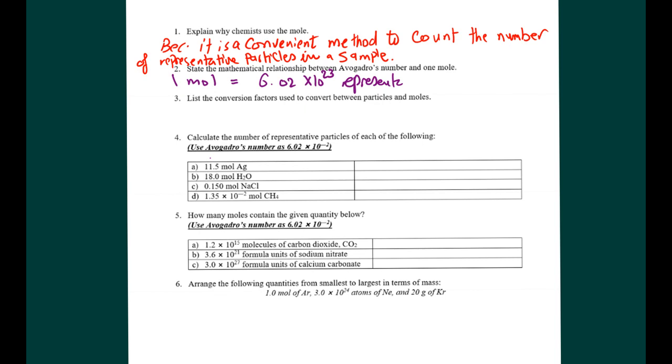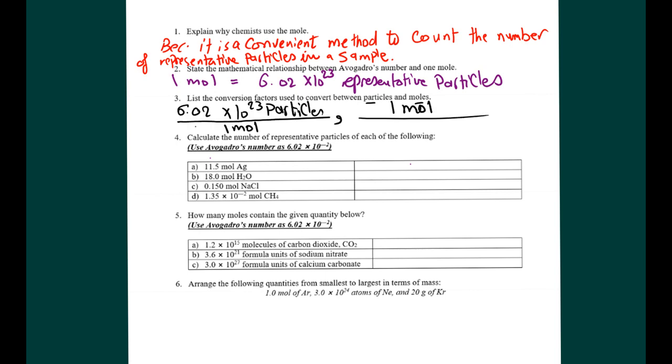Now this question is asking, list the conversion factor that is used to convert to particles of moles and vice versa. Here is the conversion factor. 6.02 times 10 power 23 particles over mole, or moreover 6.02 times 10 power 23 representative particles, depending on if he's asking about the particles or the number of moles.